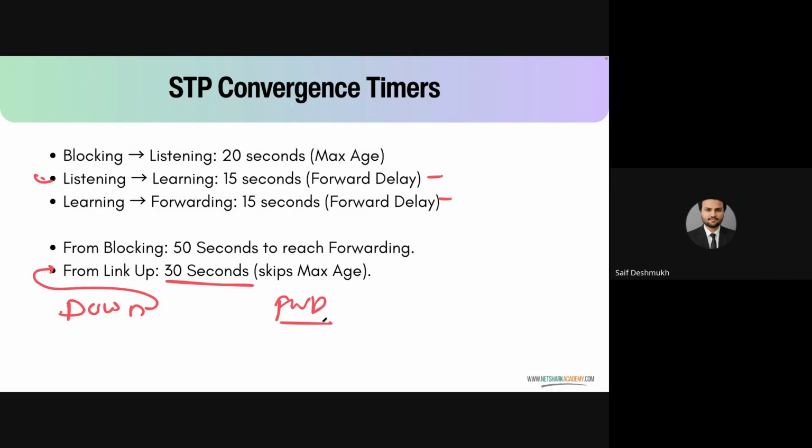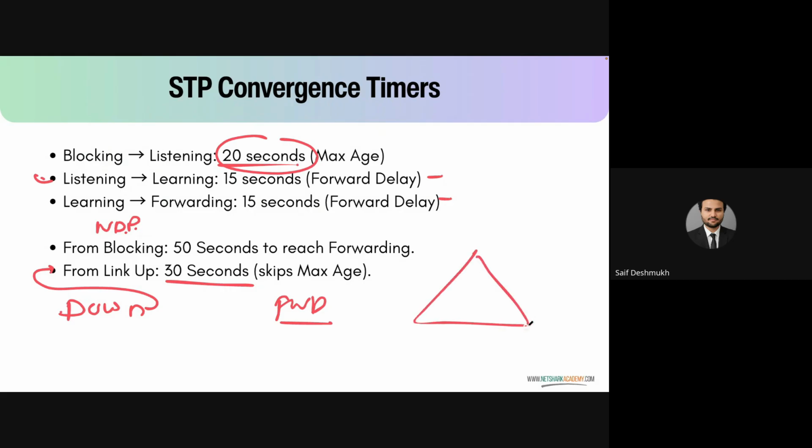Then there is something called max age. We'll talk in detail about what max age is. If an interface is a non-designated port, NDP, that interface is first put through a max age timer, which is 20 seconds.